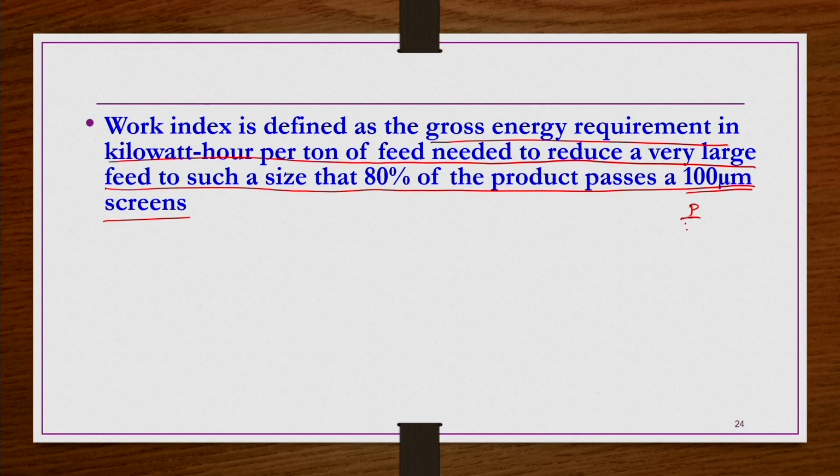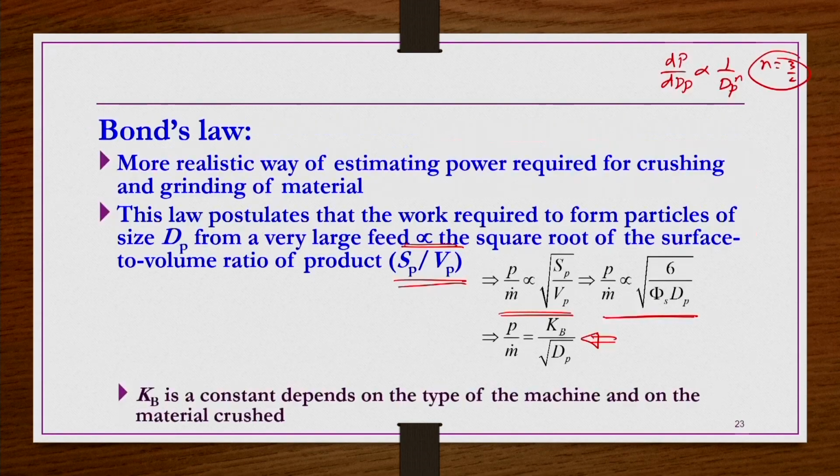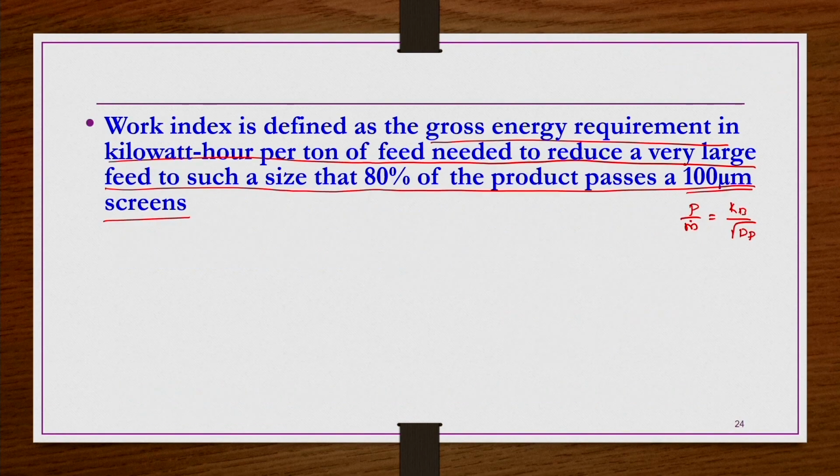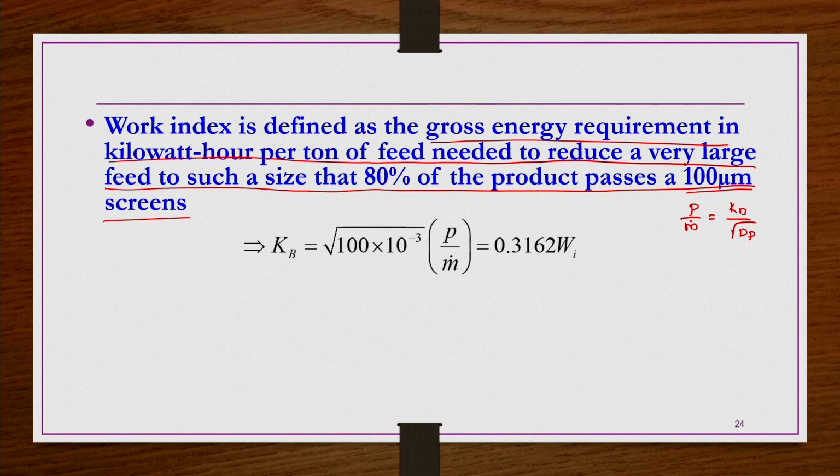So, whatever the P by m dot is, that is Kb by square root of dp. Here now dp is 100 microns; in this law, as we have already seen, P is in kilowatts and dp has to be taken in mm. So, then Kb equals square root of dp, which is 100 into 10 power minus 3 mm, times P by m dot.